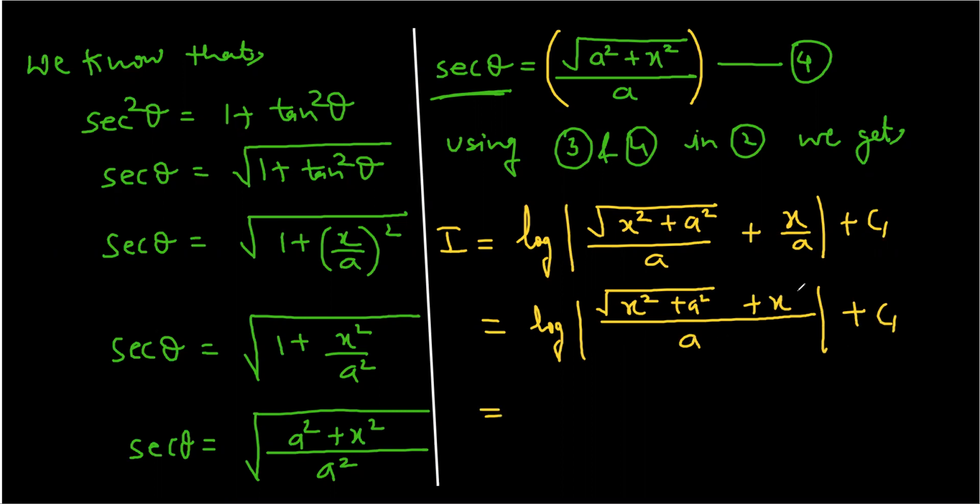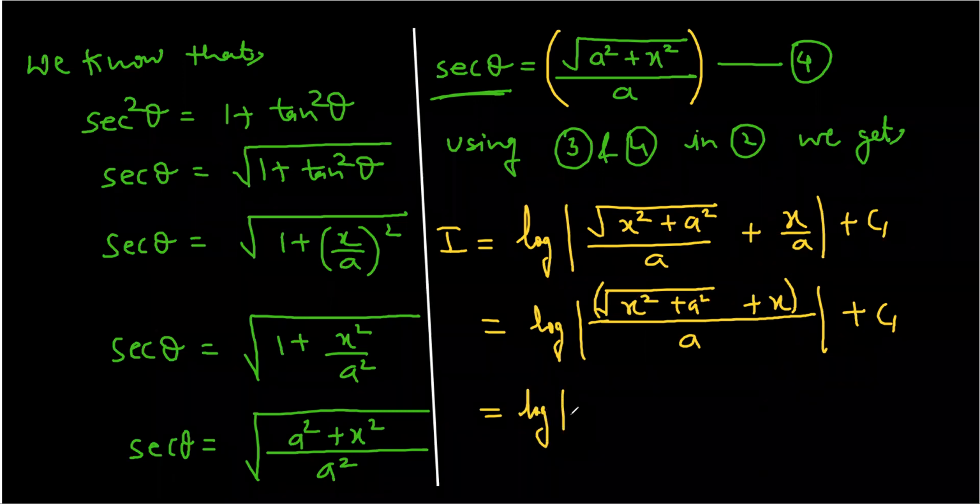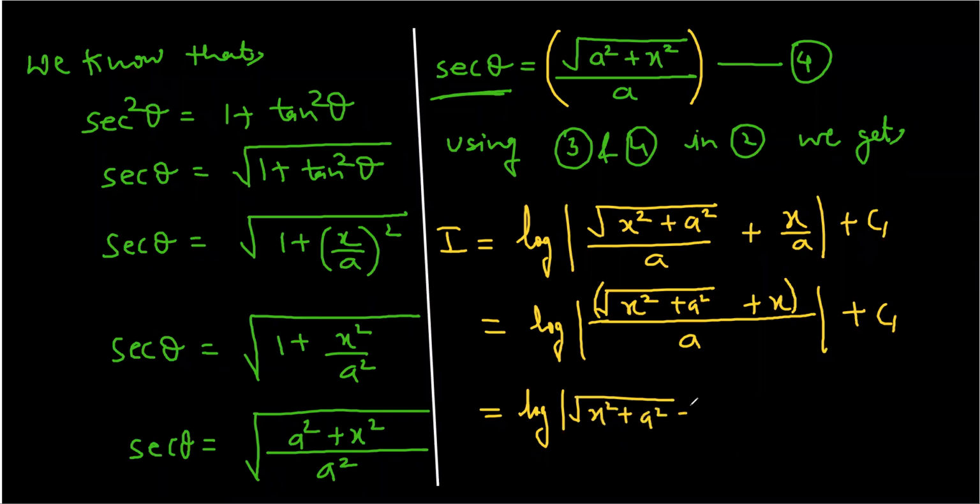Now students, as you all know, this is numerator and denominator, a log of m upon n. Log m upon n is log m minus log n. So I have log of square root of x square plus a square plus x, minus log of a, plus c1. And tell me students, what was a? A was a constant. So if a is a constant, log a is a constant, and here already a constant.